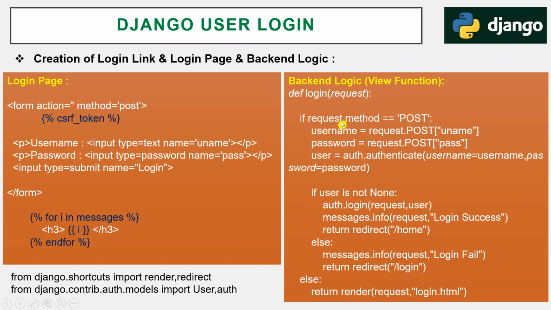So this is when the request method is post, and if it is not post, then it simply returns the login.html page which is residing inside the templates, right? That means a get request. If the user clicks the submit button, then this part will execute.